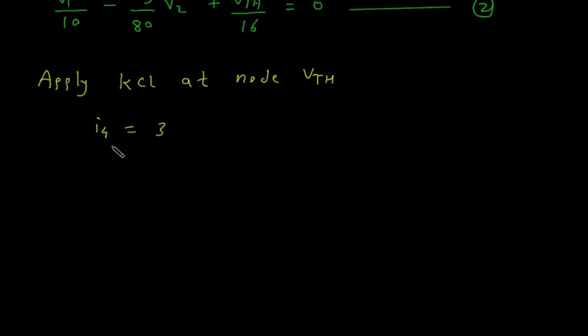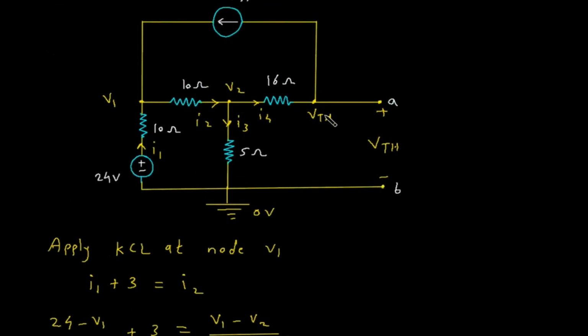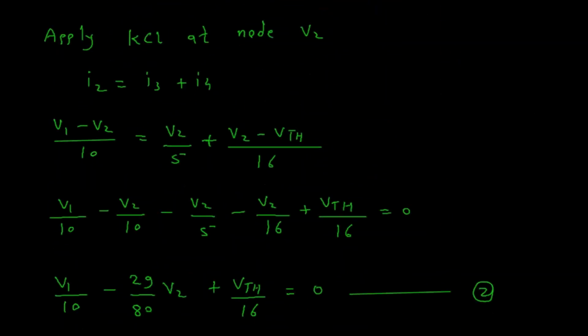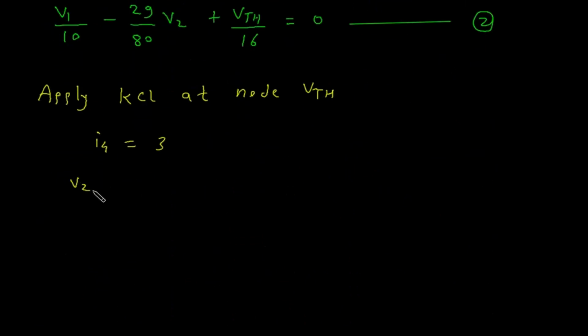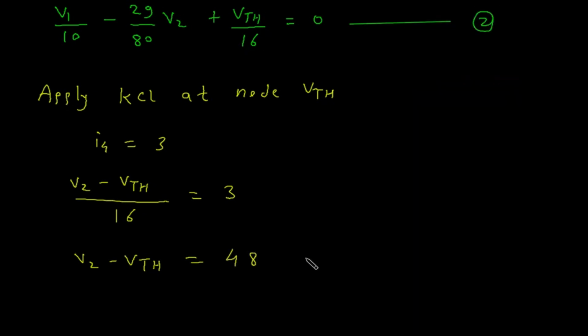Now I4 is V2 minus VTH by 16, which is equal to 3. So this will be directly V2 minus VTH is equal to 16 into 3, 48. Let's say this is equation number 3.